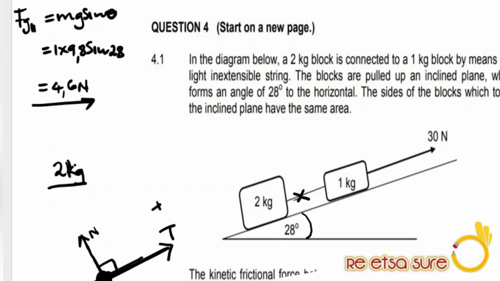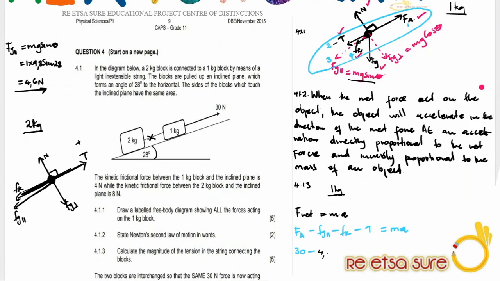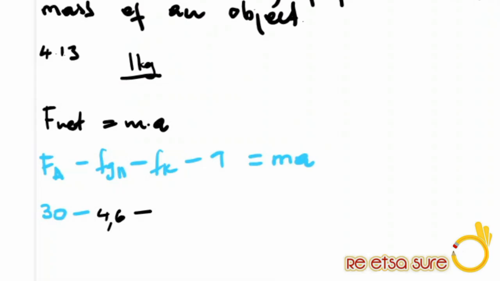So the value here is 4,6 minus the FK for the 1 kg block, which is given in our statement. The kinetic frictional force between the 1 kg block and the inclined plane is 4 newtons. So in the position of FK I'm just going to put 4, and then minus T is equal to 1 multiplied by our acceleration. We don't know the value of acceleration.